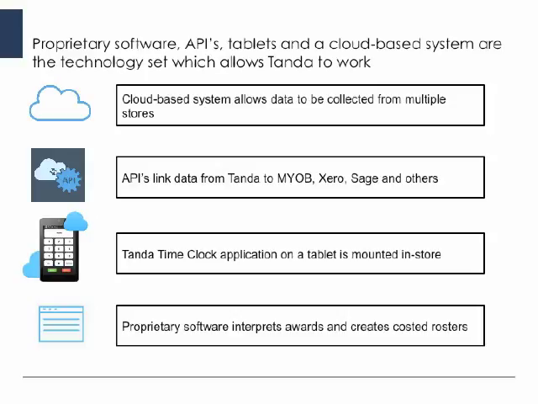The APIs link the data from Tanda and communicate it to payment processors such as MYOB, Xero, Sage, and others. The Tanda time clock application is used on a tablet, and one of these is mounted in every store where the employees use Tanda. And finally, Tanda's proprietary software interprets awards and creates costed rosters, something that is not previously done.